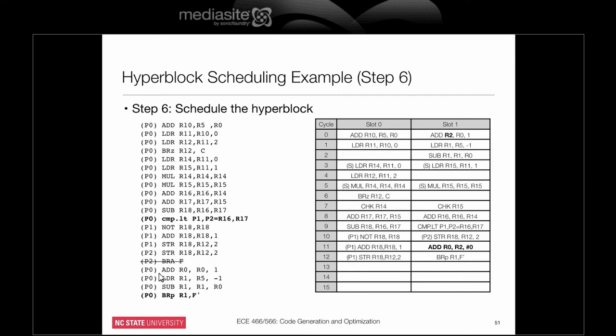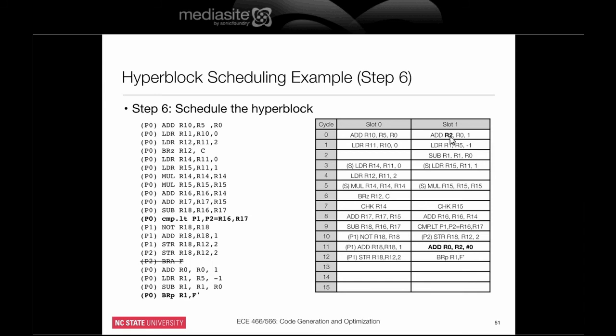Now, one thing you'll notice is that these instructions from way down here at the end got moved very early in the schedule. And because of that, I update R0 before evaluating the branch to go to C. And as a result, I need some compensation code. I needed to place my value of R0 temporarily into another register.